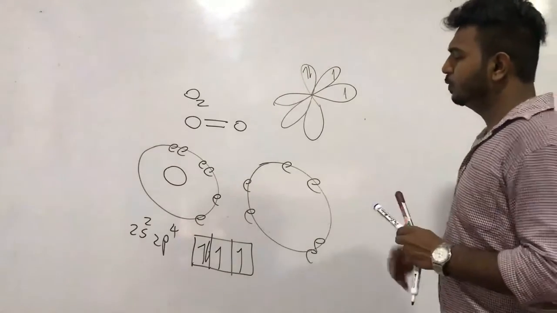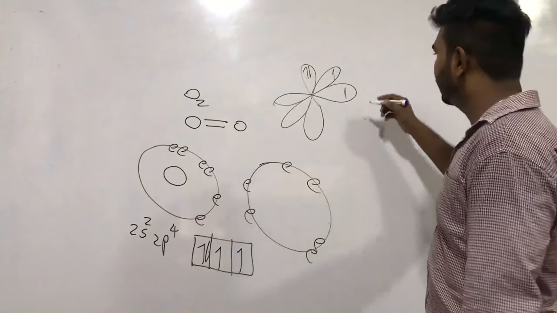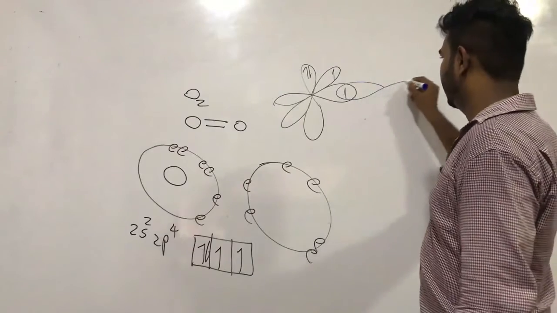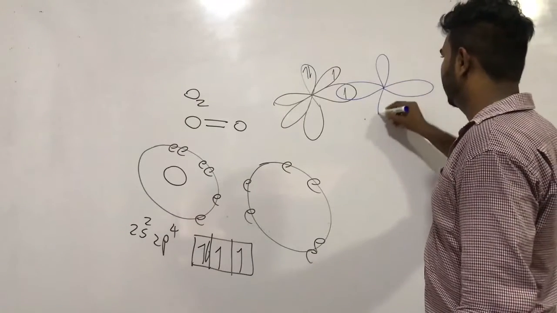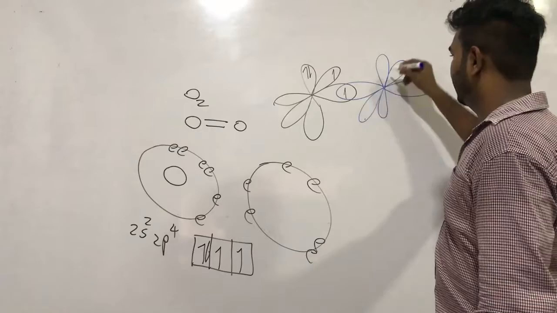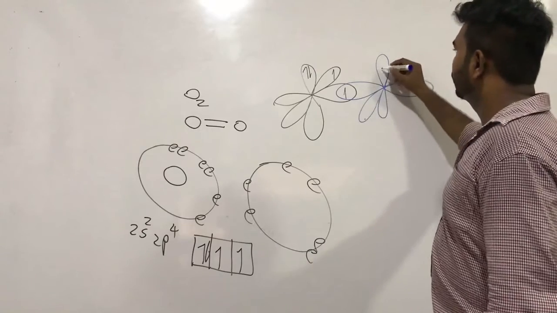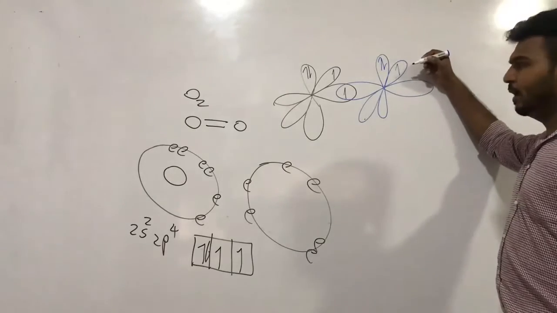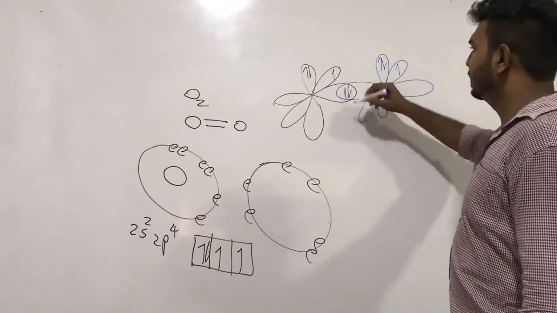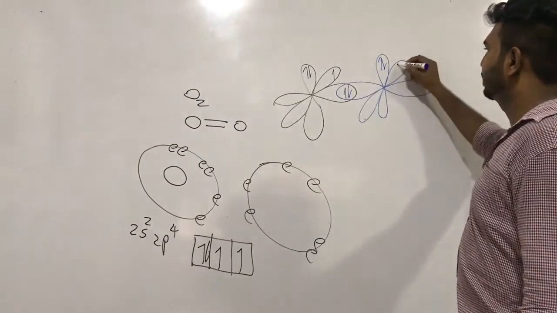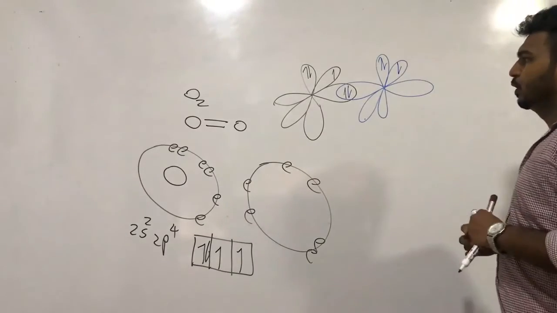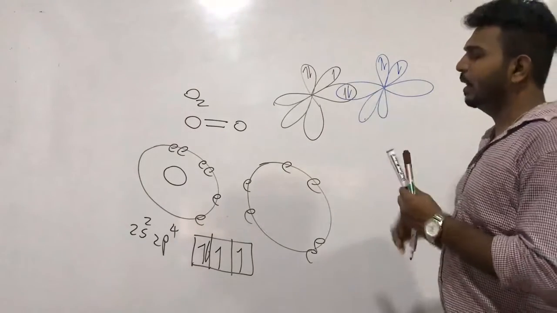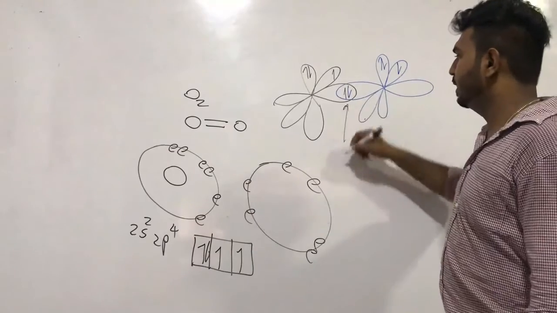Then this one also has two paired electrons, 1 unpaired electron, and there is another unpaired electron. So these unpaired electrons will be linearly overlapped.